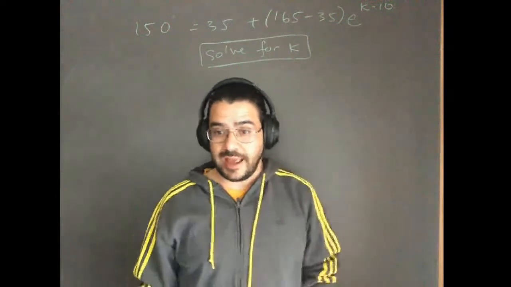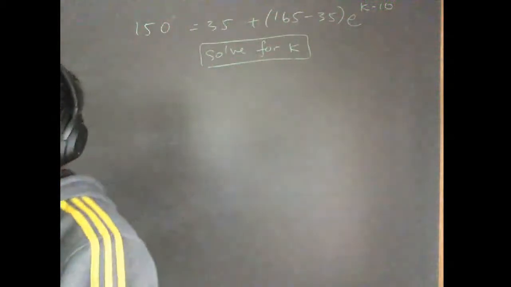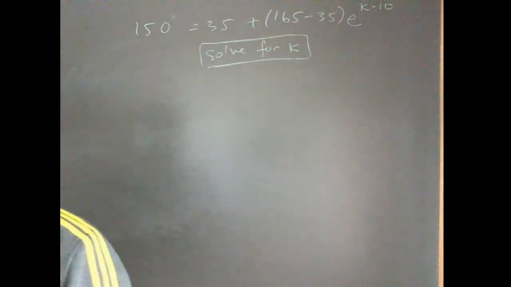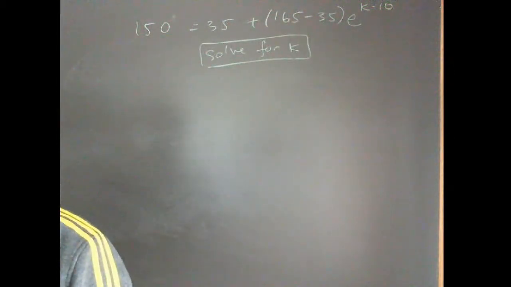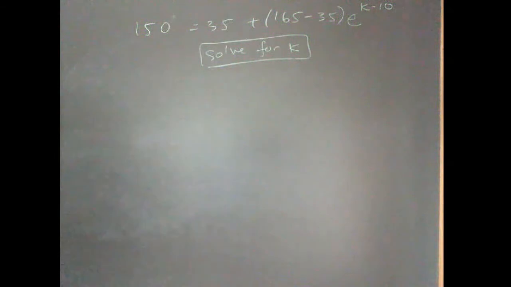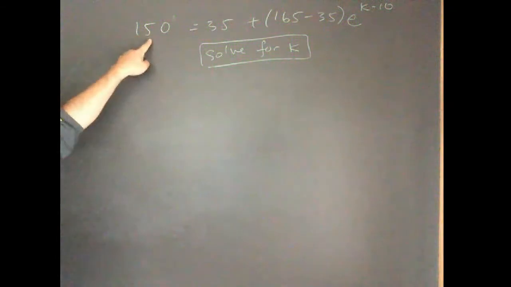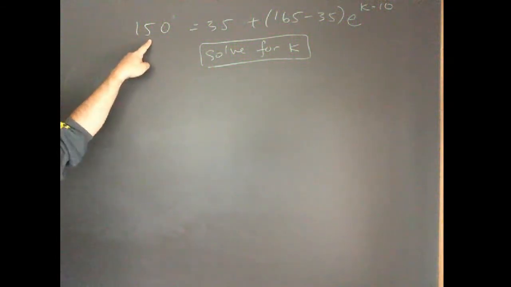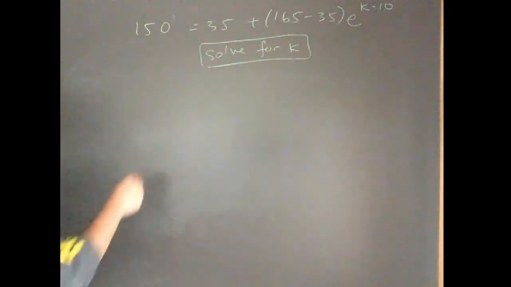What should I add or subtract or divide by on my first step if I'm trying to isolate that e to the k times 10? Yeah, we should subtract 35 from both sides. If I subtract 35 from here, what do I get? Yeah, 115.